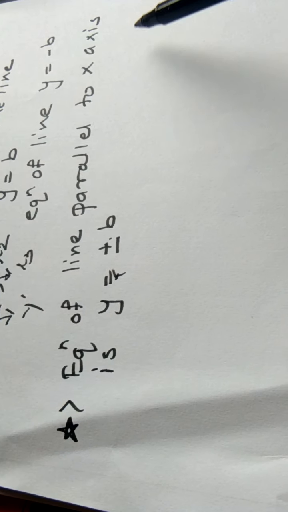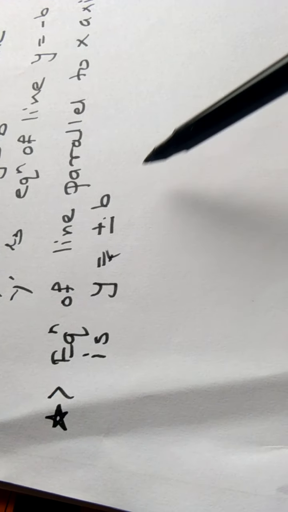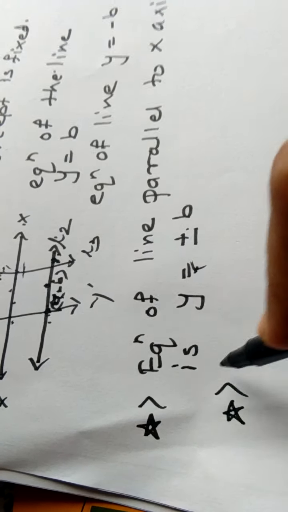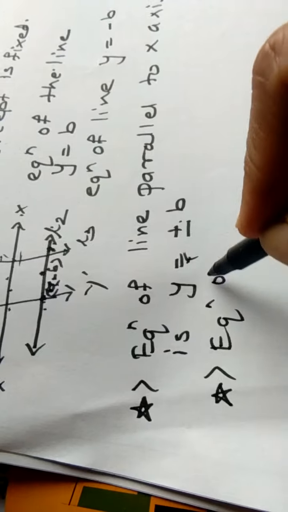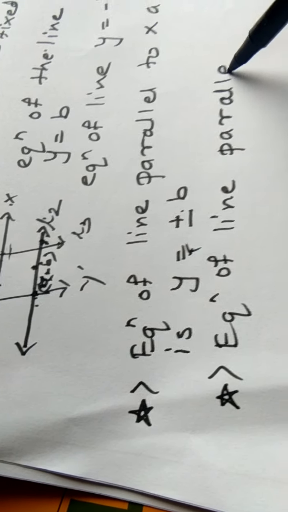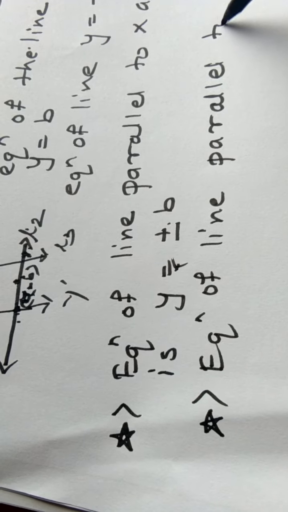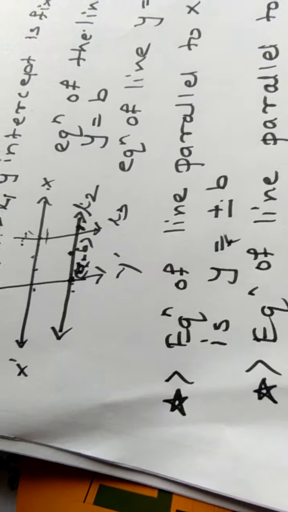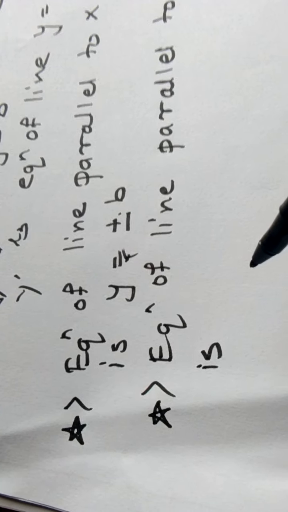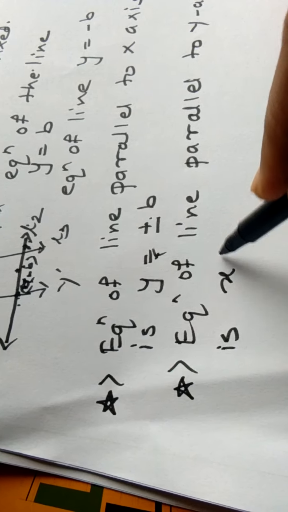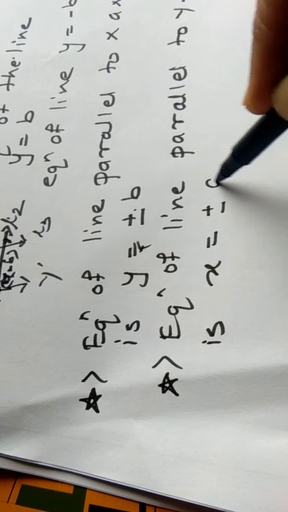Equation of a line parallel to x-axis is y is equal to plus or minus b. Another important point: equation of a line parallel to y-axis is x is equal to plus or minus m.